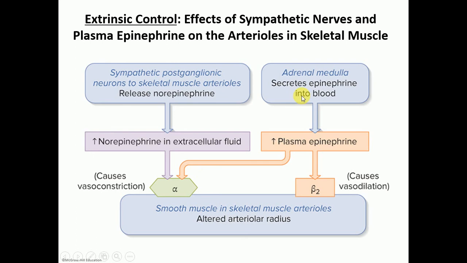While epinephrine can also stimulate beta 2 receptors, and that could lead to vasodilation. So you want to think about the different needs of the body during exercise. Some blood vessels, for example, the ones going to the lungs and to the skeletal muscles, would have to dilate. So those organs would have these beta 2 receptors.